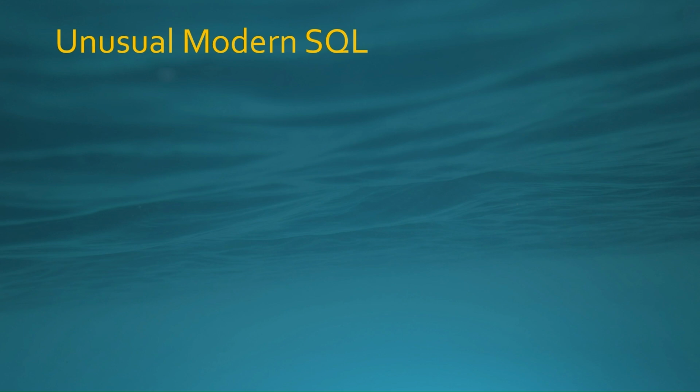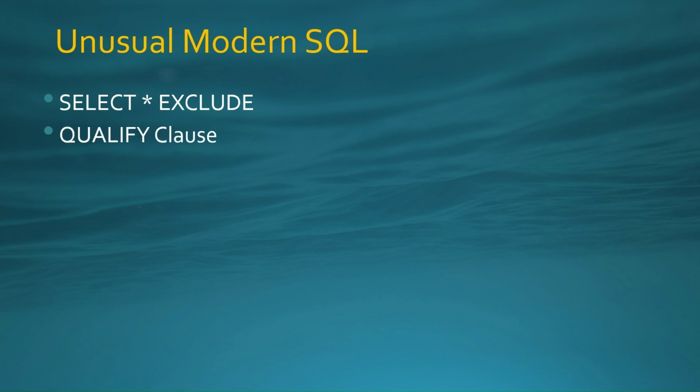You know what Snowflake calls SQL improvements. And I will mention here briefly some topics we'll talk about in this course. Select exclude: rather than specifying maybe hundreds of column names in a select clause, you can select them all and specify the columns you want to exclude.